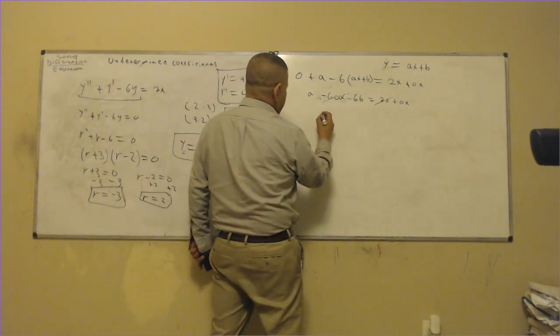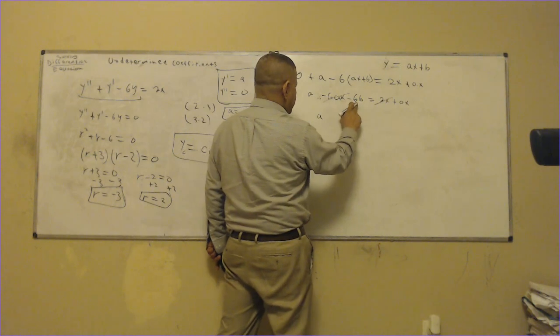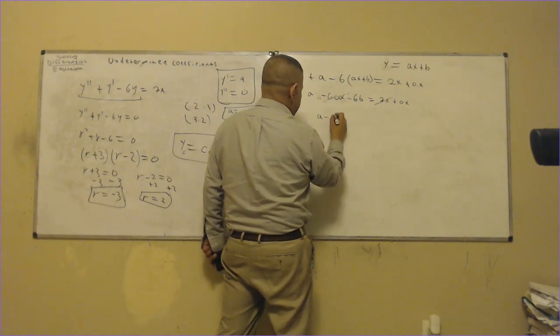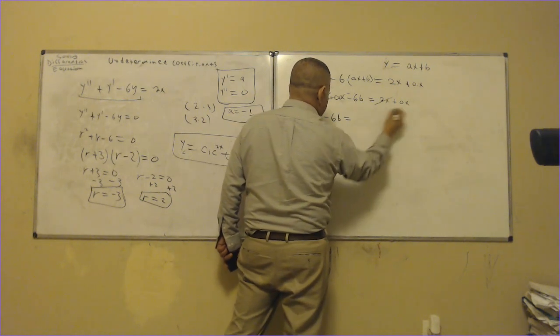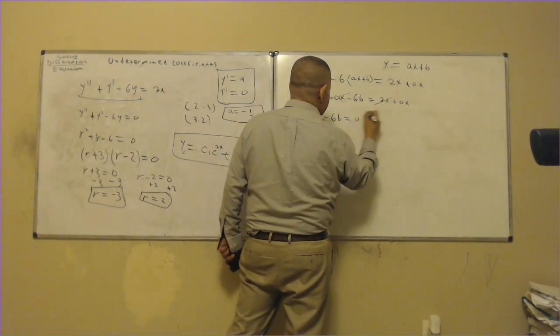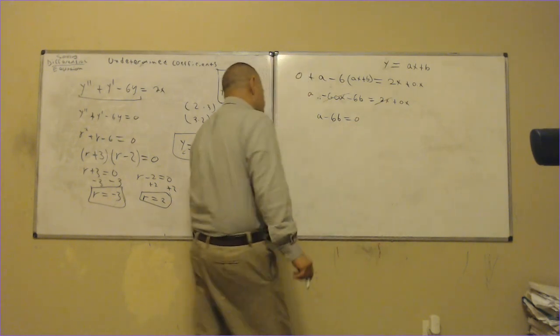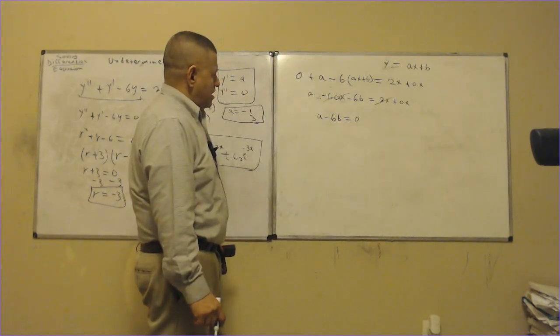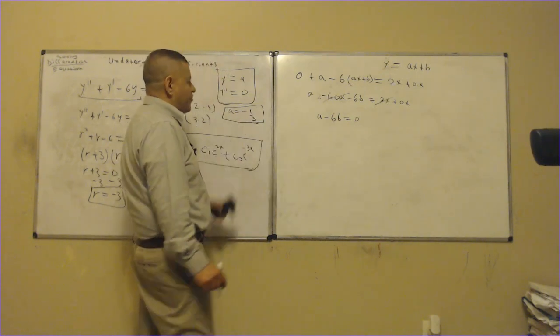Now what I have right here is a, and I have this 6b. 6b is equal to what? To 0. That's 0 right there, right? Now, if I look at this, I already have the value for a.